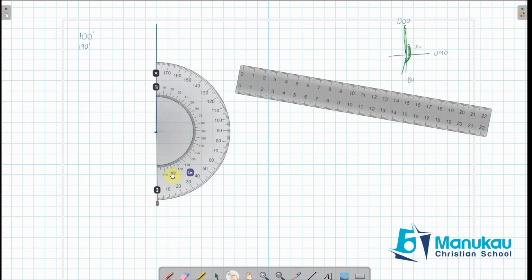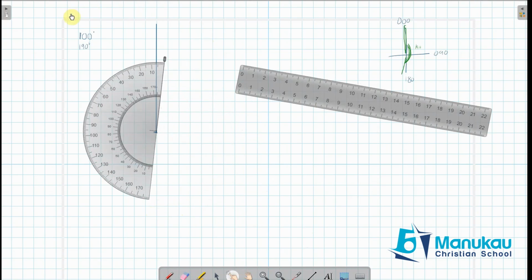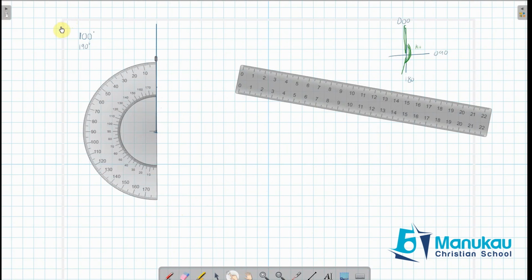But what I can do is I know that 180 plus 10 more on the other side will give me 190. So all I have to do is go out 10 degrees from here. So this 180 would be here, and 10 degrees is here. You can kind of see there's a 10 there.